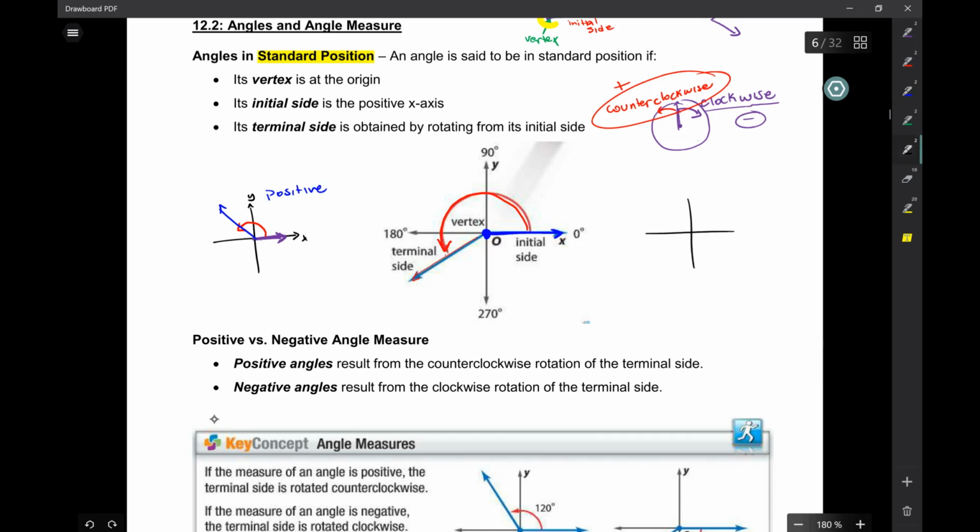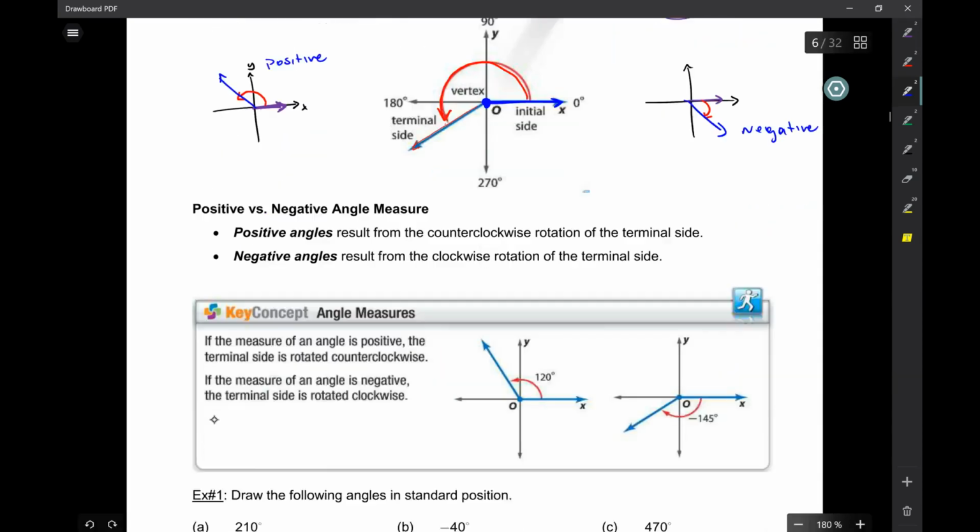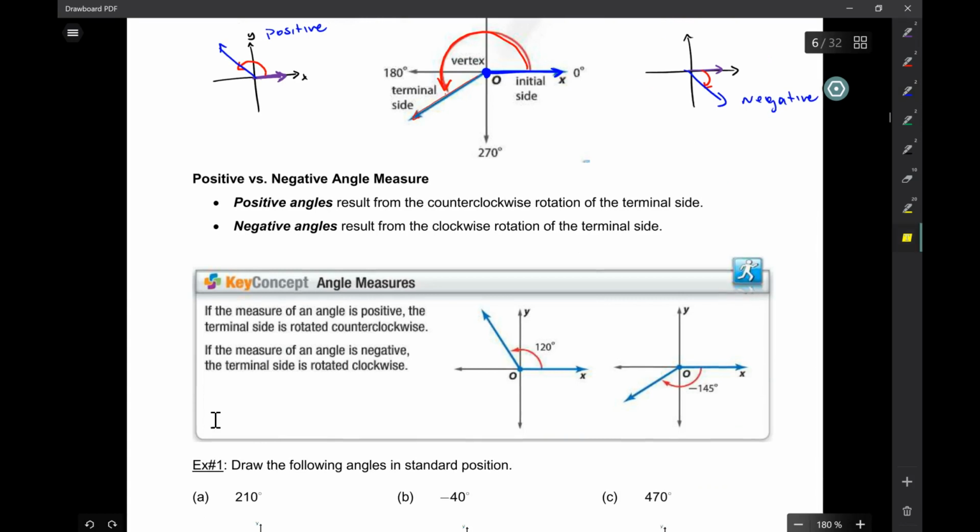And if I have an angle in standard position like this, and from here I rotate in the clockwise direction, like the way the hands of the clock would move, that would create a negative angle. Okay? All right, so just to repeat, positive angles result from a counterclockwise rotation, negative angles from the clockwise rotation.